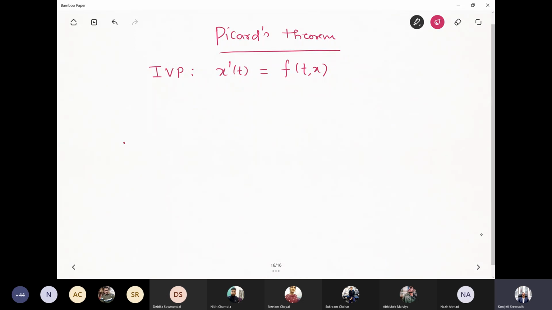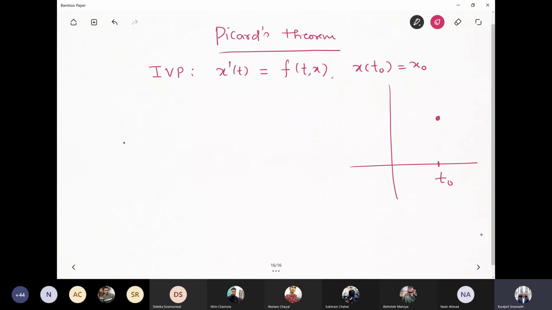So this is x at t naught equals x naught, where t naught, x naught belongs to R. This is the point and this is the point t naught.